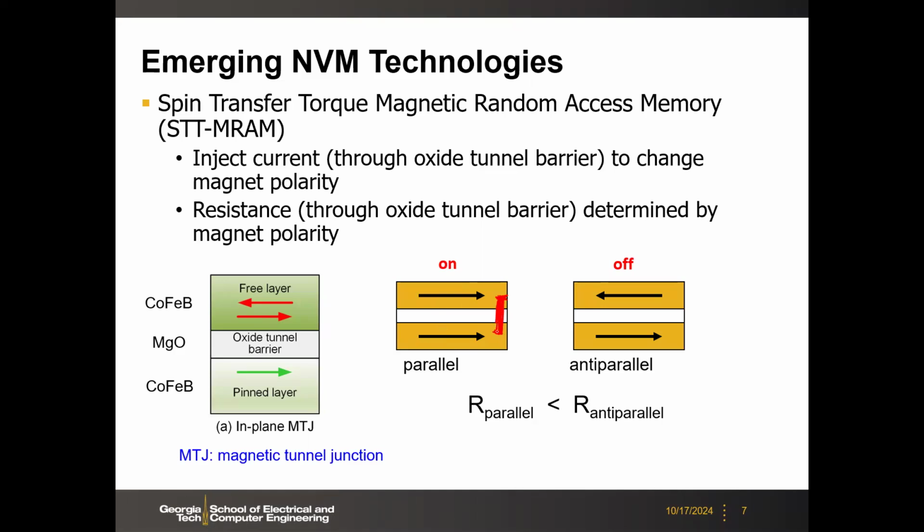Compared to the anti-parallel configuration, the current is smaller. So based on this parallel versus anti-parallel configuration of the magnetization, you have different resistance by measuring vertically, not horizontally. The current flows vertically. You can use the different resistance to store the data, like data 1, 0.